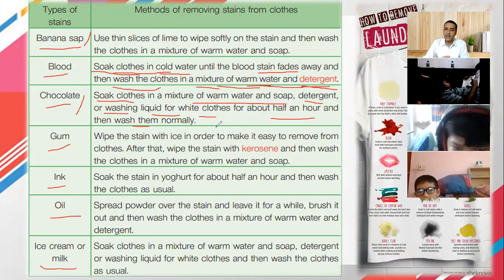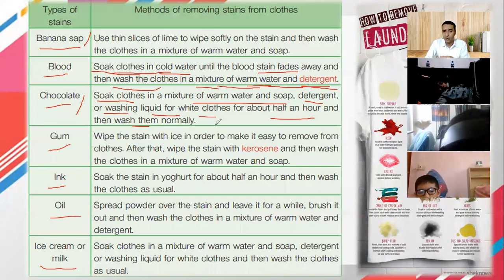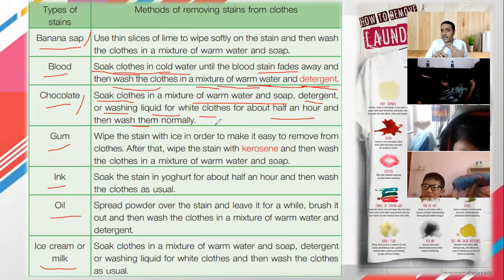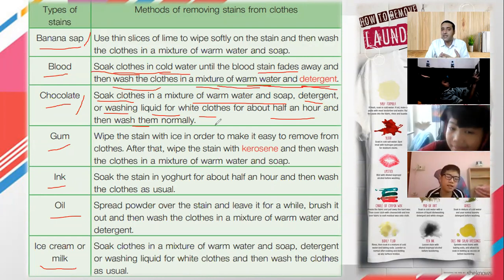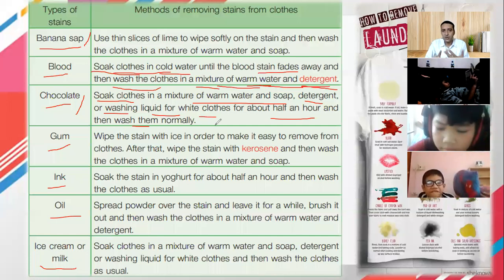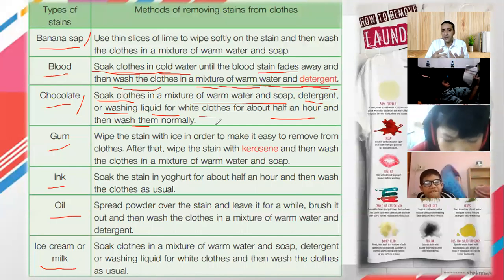For example, if we have a chocolate stain on our clothes, first we are going to soak the clothes in a mixture of warm water and soap, either detergent or washing liquid. These are different types of remover, right?